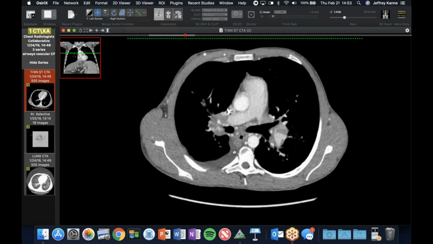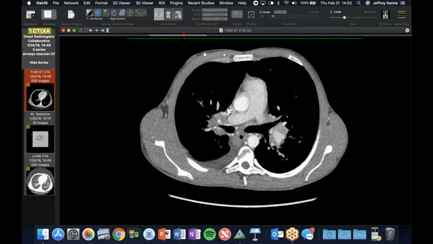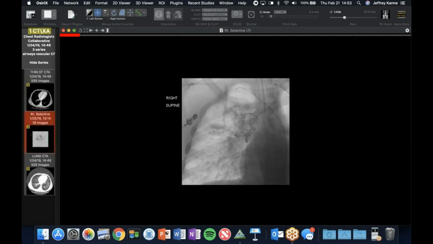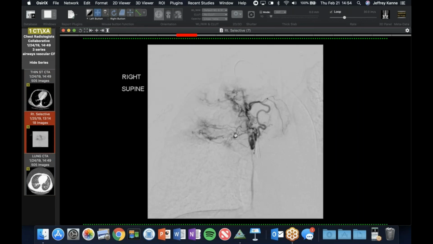If you look, there's maybe a little bit of blushing on the right in this general vicinity. I liked it because it was impressive. But here's the angiogram. It's a little too fast, but you can quickly see a blush of contrast, and it's markedly dilated, with a little bit of blush there.